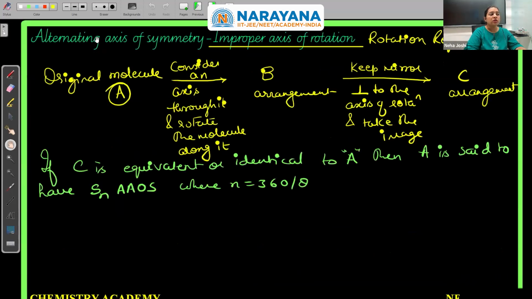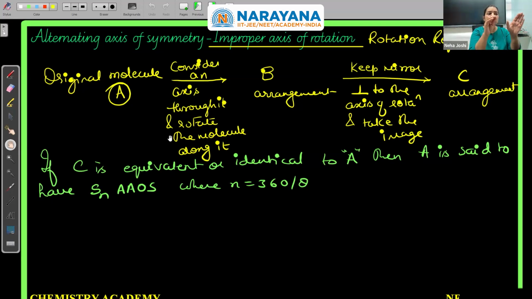Then we come to alternating axis of symmetry, which is called improper axis of rotation. It is also known as rotation reflection axis. For that, we take the original molecule. Through it, we have an axis in our imagination. Rotate the molecule through that axis. You will get some new B arrangement.